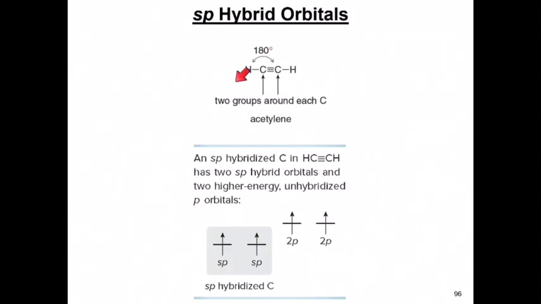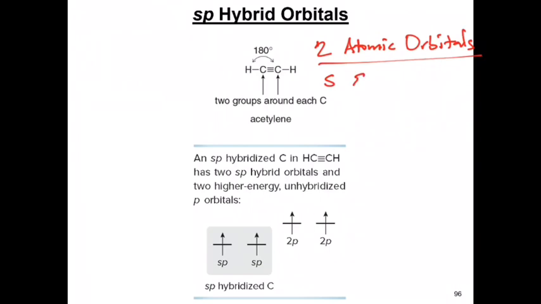And here's another organic molecule, acetylene, which contains a triple bond. And as you can see, each carbon atom contains 2 electron groups, 1 and 2, which makes the carbon sp hybridized. And so again, each carbon atom contains 2 atomic orbitals that will overlap with each other, namely an s orbital and a p orbital.